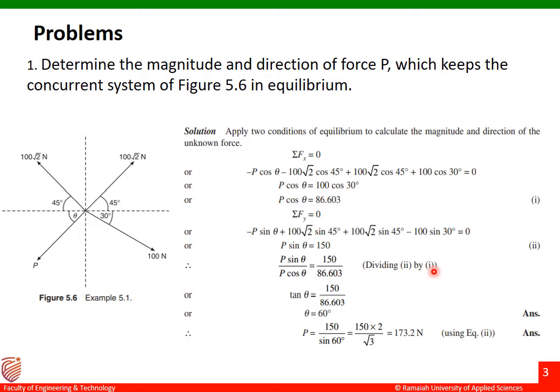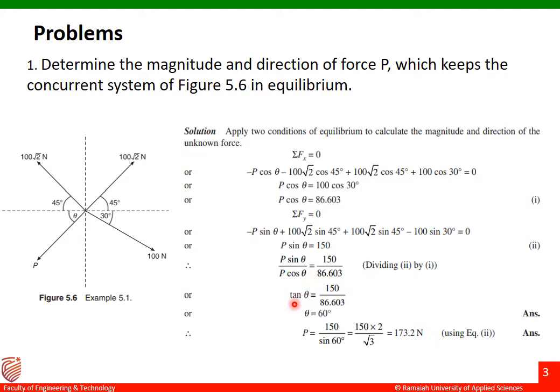Dividing equation number 2 by 1, we are going to get tan theta, that is P sin theta divided by P cos theta on the left hand side, and on the right hand side it is 150 divided by 86.603.